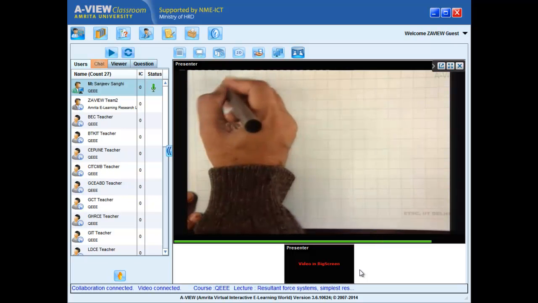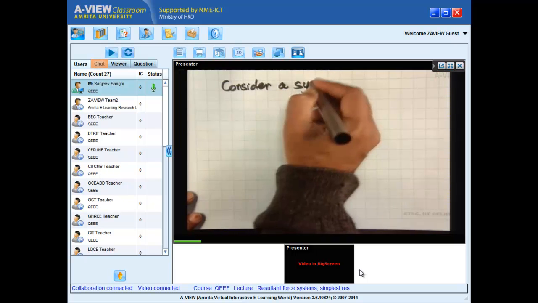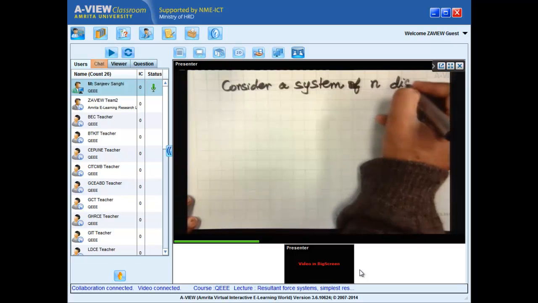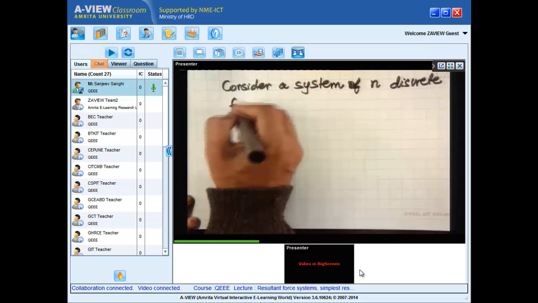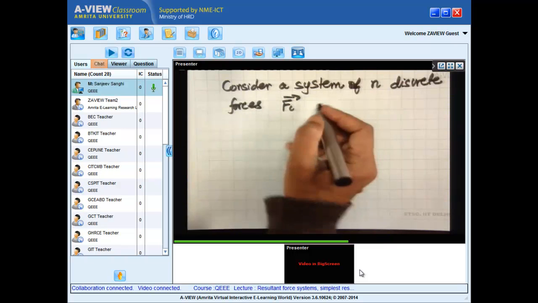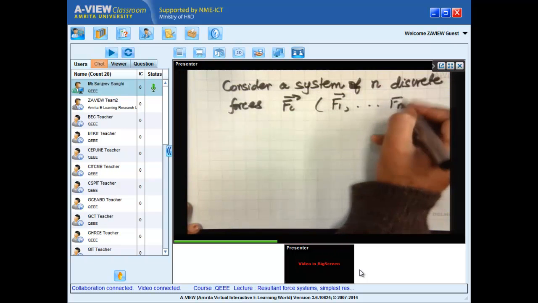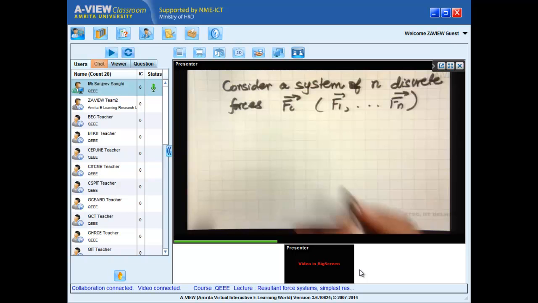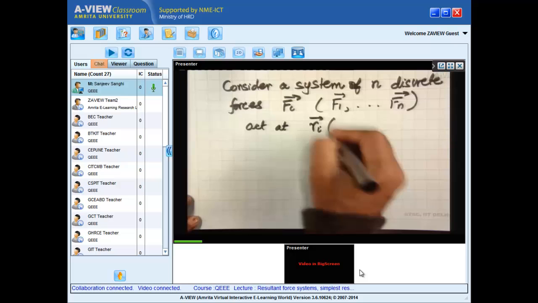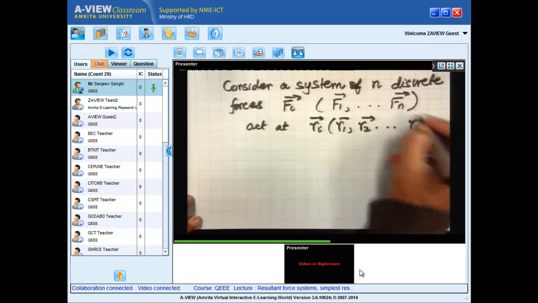So let us consider a system of n discrete forces. This is what we started with, F sub i. That means they are F1, F2, they go up to Fn, and they act at R sub i, R1, R2, up to Rn.